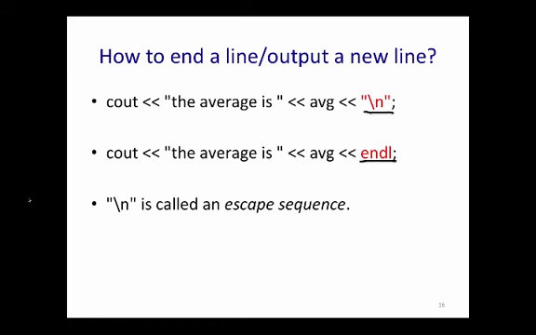You may also wonder, when should I use \n and when should I use endl? And the bottom line is, I really don't care. If you want a slightly more definitive answer, it is common to use endl if your output is terminated by the contents of a variable like it is here.